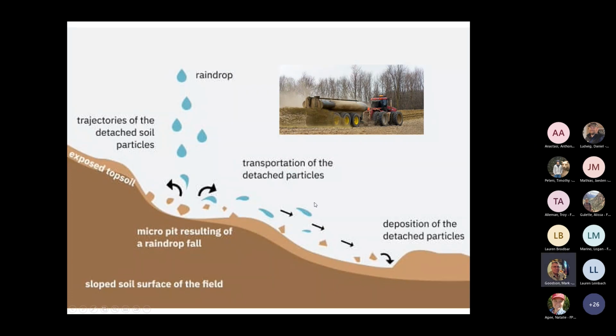And here's our diagram. We're going to come back to this cartoon a couple times. Here's our raindrop impact, and it's pitting out the soil. Some of this sediment is landing locally. They call that local deposition. Some of it's getting swept up with the runoff water. And there's going to be runoff in our environment. We can't stop that, because we've got more rainfall than the soils can absorb. But we make things worse, and we'll talk about that, by allowing this kind of erosion.